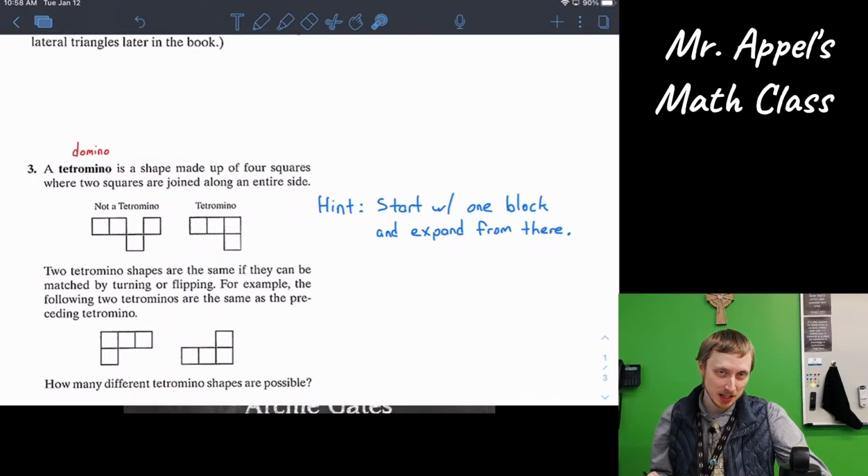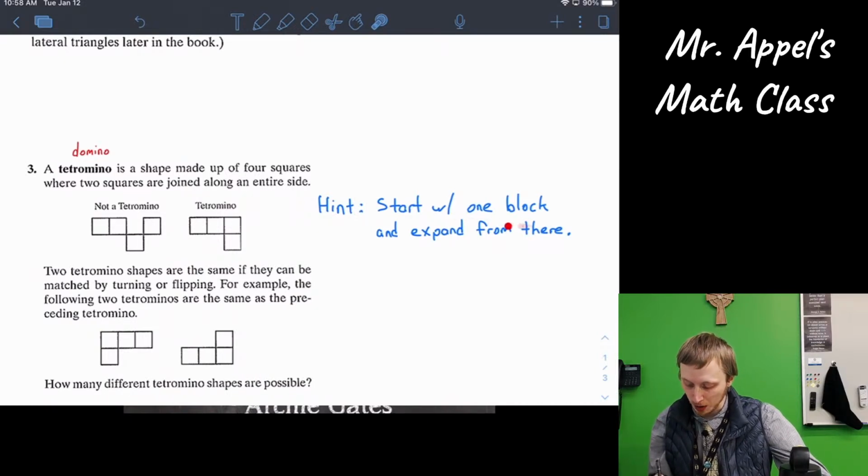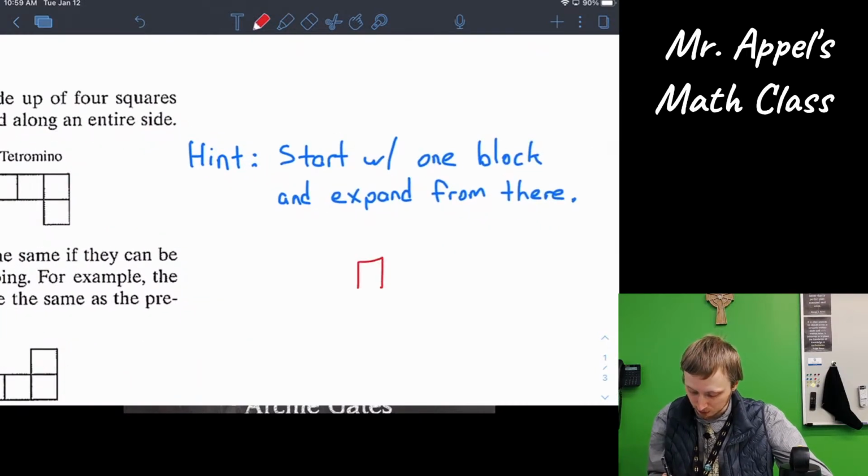But in case that doesn't exist, I would recommend starting with 1 block. Draw a single square and expand from there. Okay, I could go this side, and we could add another one this way, or, right? And just kind of work your way around. How can I add squares to this to create a new shape?